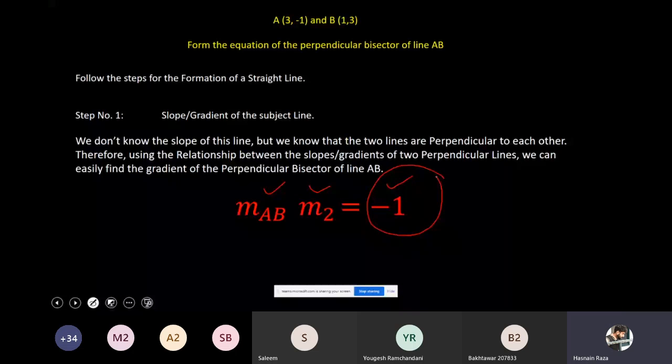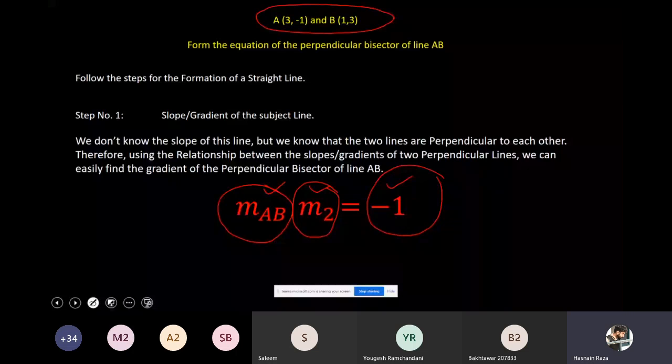Because we know the coordinates of AB, by using the formula y2 minus y1 upon x2 minus x1, we can find the slope of line AB. By using this formula, we can find the slope of line AB.